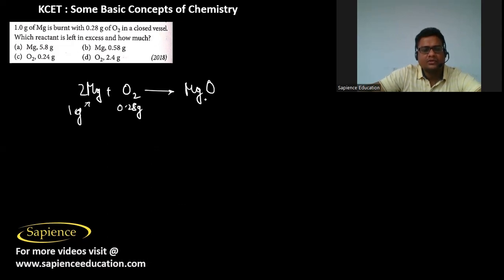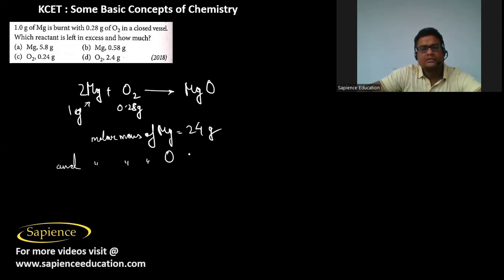And here it should take 2 Mg. So therefore 2 moles of Mg will react with 1 mole of oxygen. Now the molar mass of Mg is equal to 24 gram, and the molar mass of oxygen gas is equal to 32 gram.